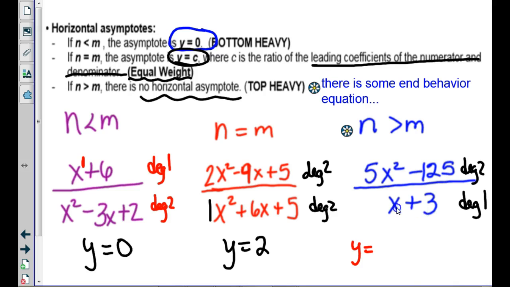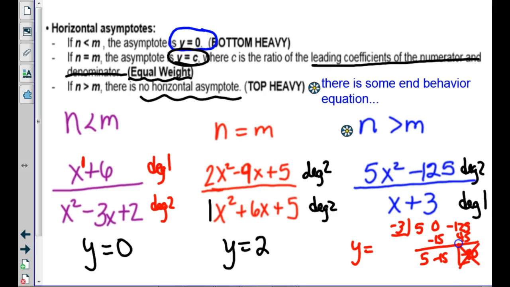Can I do synthetic division if my bottom factor is x plus 3? So if I put a negative 3 here across the top, I'd have 5x squared, 0x though, right? And a negative 125. I bring down the 5, I multiply, I get negative 15, I add, I get negative 15, multiply, I get 45, add, and I get negative 80 maybe. But what did it say about the remainder?